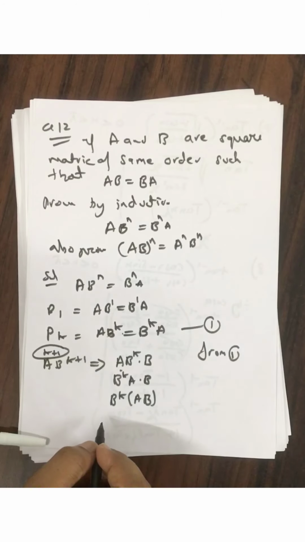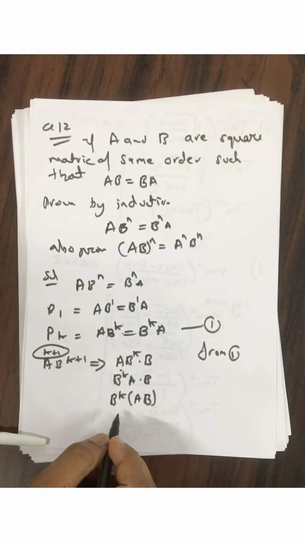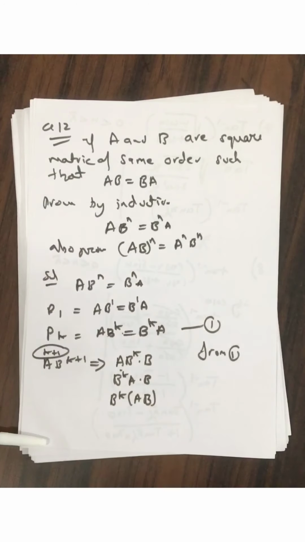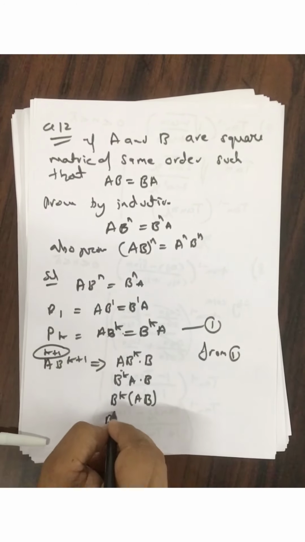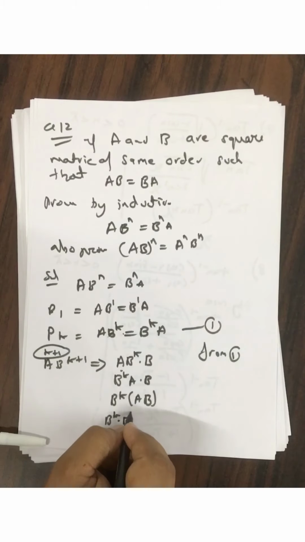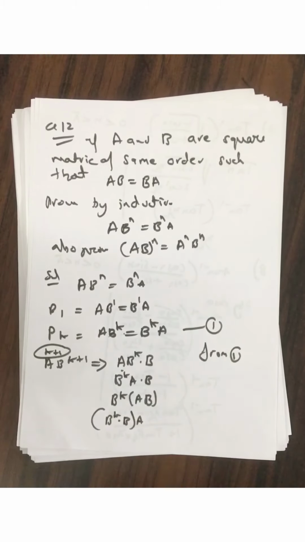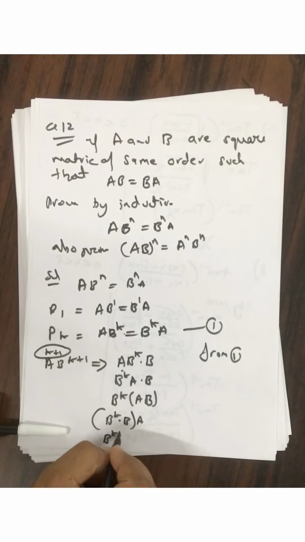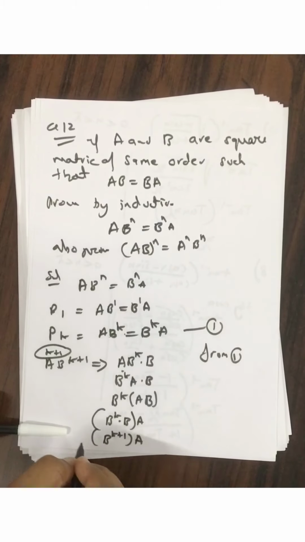Okay? Yes or no? See the first. So you can further write B to the power k into B into A. That's it. Got it? Simple. So we can write what? B to the power k plus 1 into A is true.